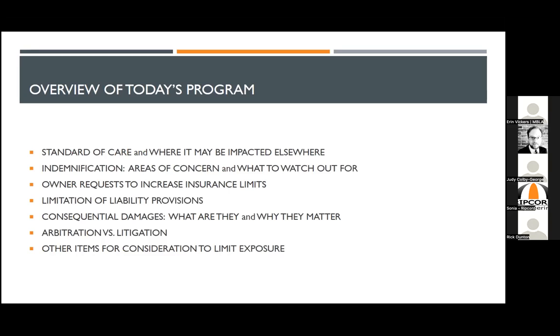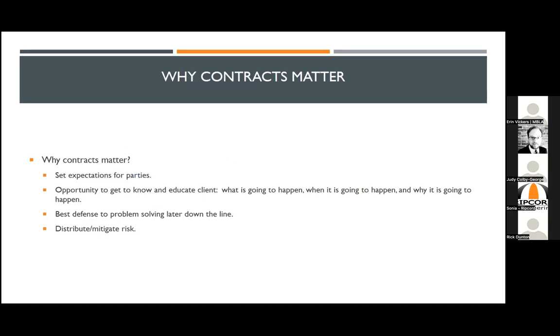There's been a recent uptick, at least in my experience, in owner requests to increase insurance limits, and those aren't going away. And I just want to give some thoughts on how to deal with that. Limitation of liability provisions, consequential damages, arbitration and litigation, and other considerations to limit exposure.